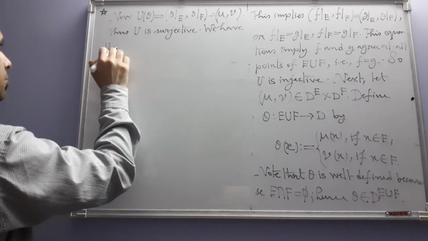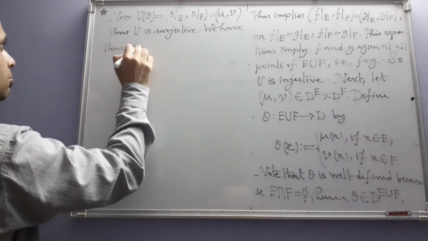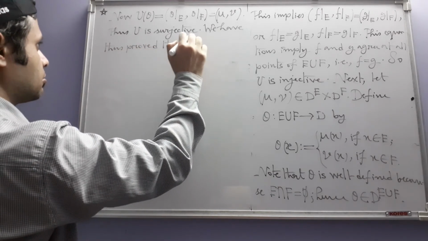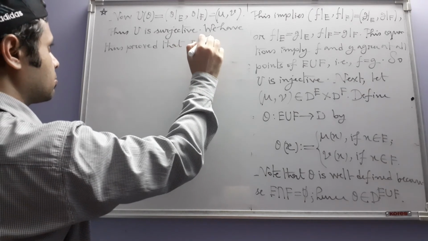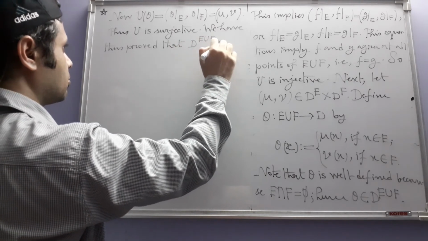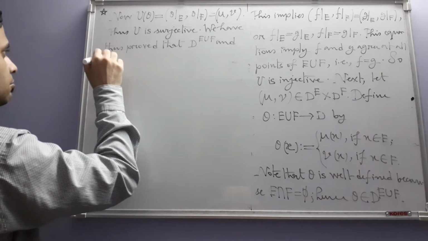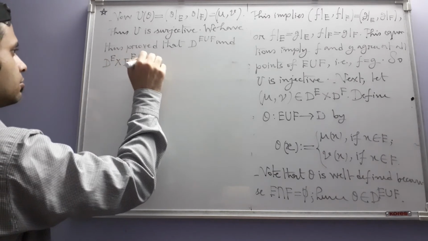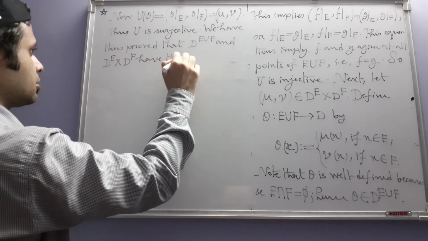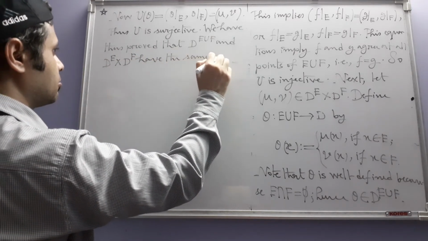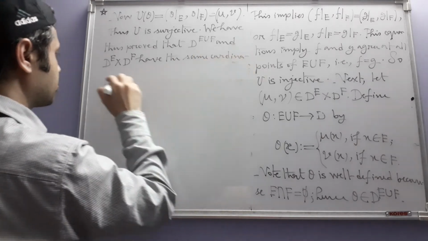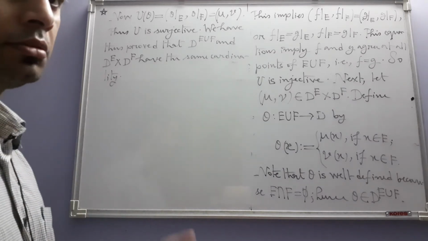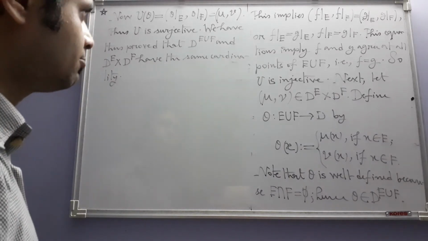We have thus proved that this and this have the same cardinality. And now we are going to use this to prove the other rule of exponent.